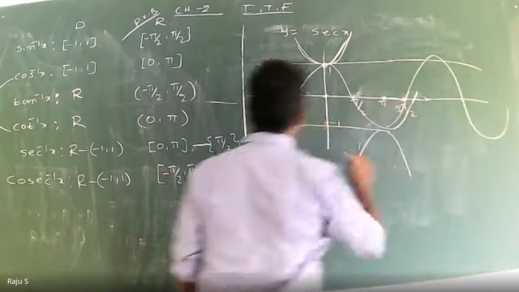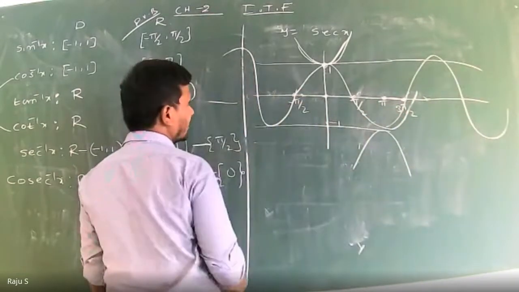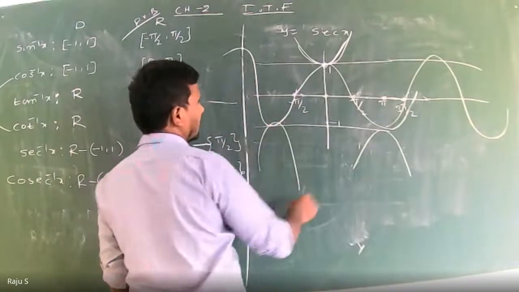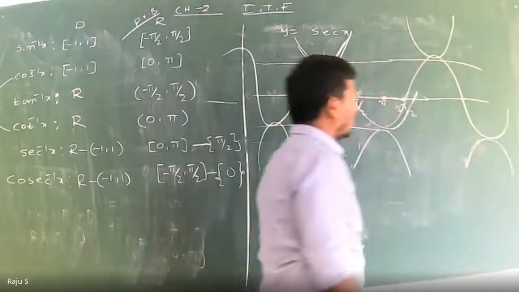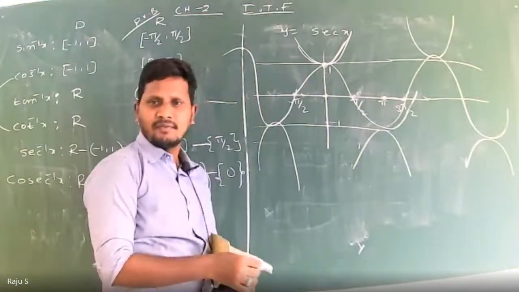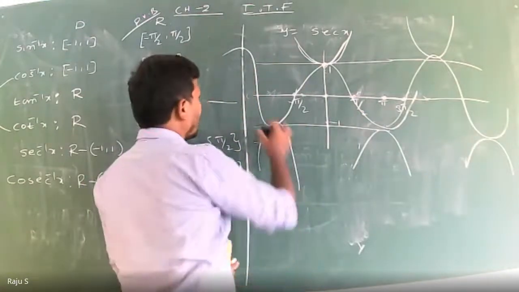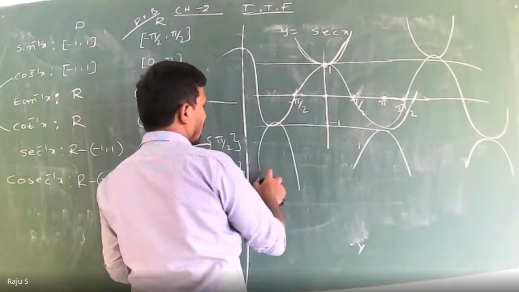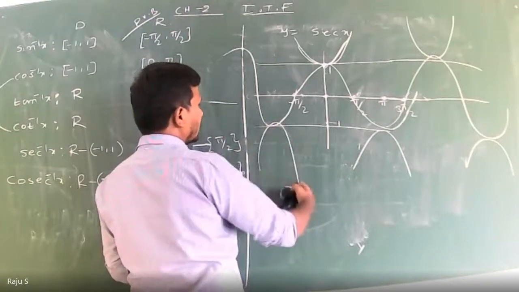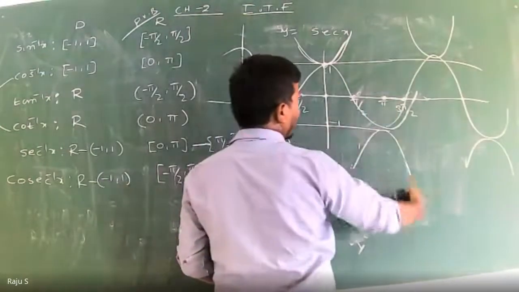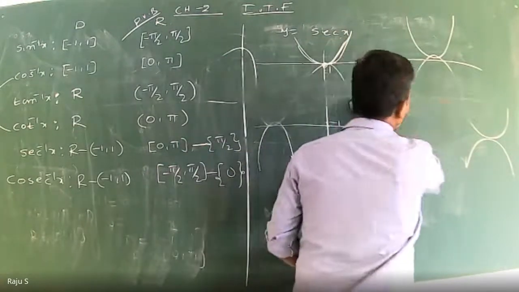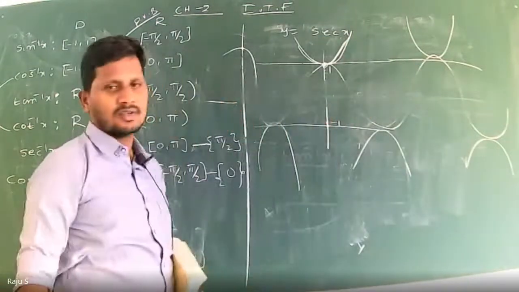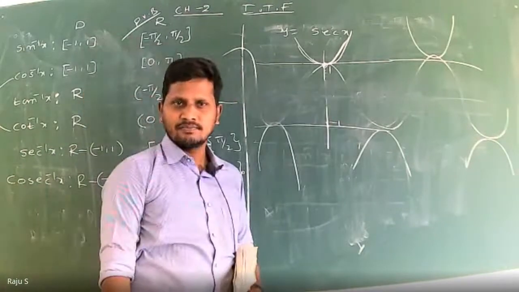So this is cos. What about secant? Here it is upside, here it is downside. After drawing the graph of cos, you can draw the loops of secant x opposite: here it is down, so here up. Then you can remove the cos graph. This is the graphical representation of secant.